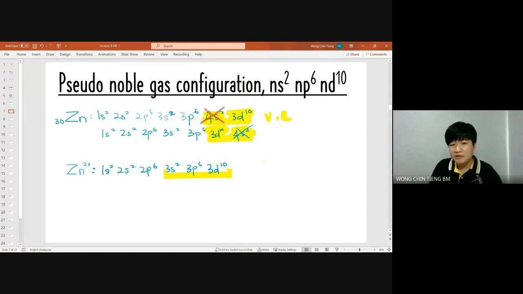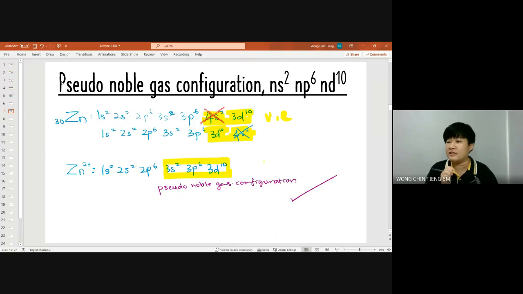Reason, because this is as stable as your noble gas. Walaupun benda ni kita panggil pseudo noble gas configuration, the type of stability adalah pseudo noble gas configuration, tapi dia adalah as stable as your noble gas configuration. Alright, and that is the reason why we are learning this, because we have d orbital right now. Okay, next, half filled.